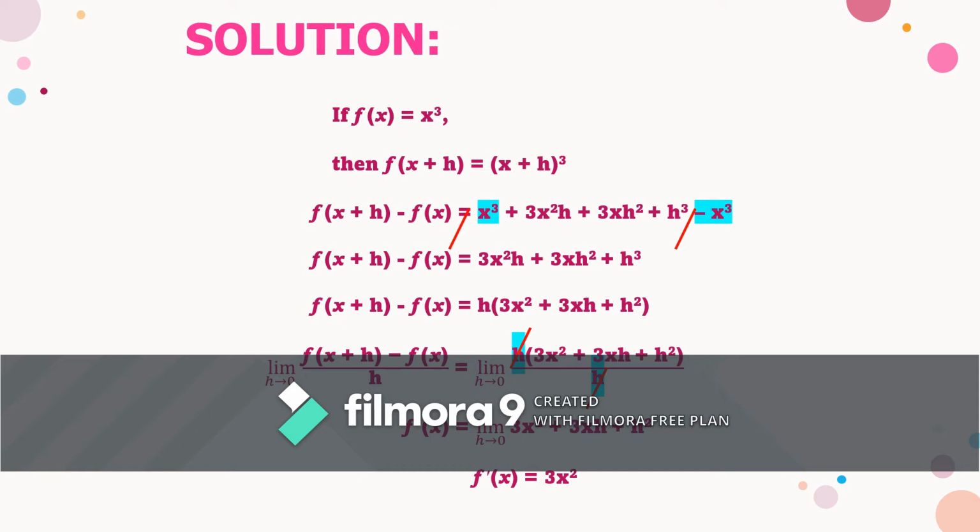If we expand this binomial that is raised to the third power, we have here x cubed plus 3x squared h plus 3x h squared plus h cubed. And then subtracting the value of the given function, which is minus x cubed.